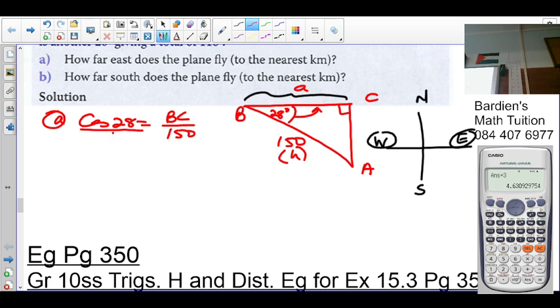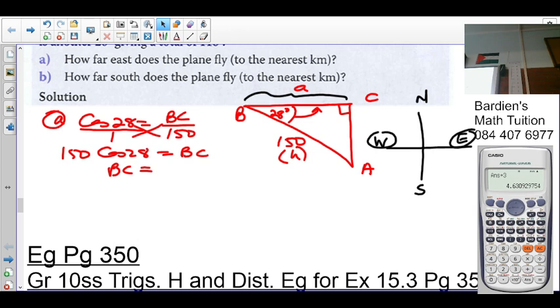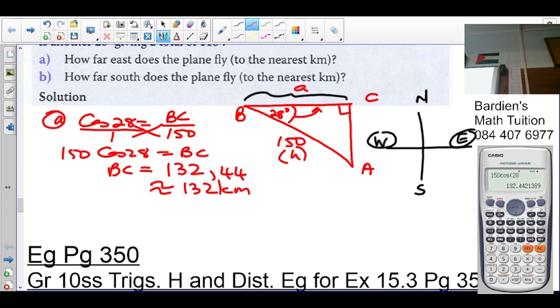You put that naturally over 1 and cross multiply. It becomes 150 cos 28 is equal to BC. So BC is equal to 150 cos 28, which gives you 132.44. But they want the nearest kilometer, so it's 132 kilometers.